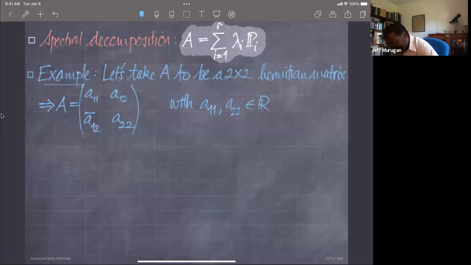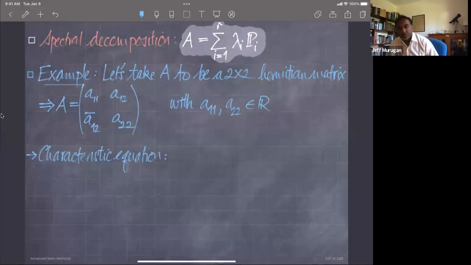The corresponding characteristic equation for this has got to be the determinant of A minus lambda times the identity equal to 0.